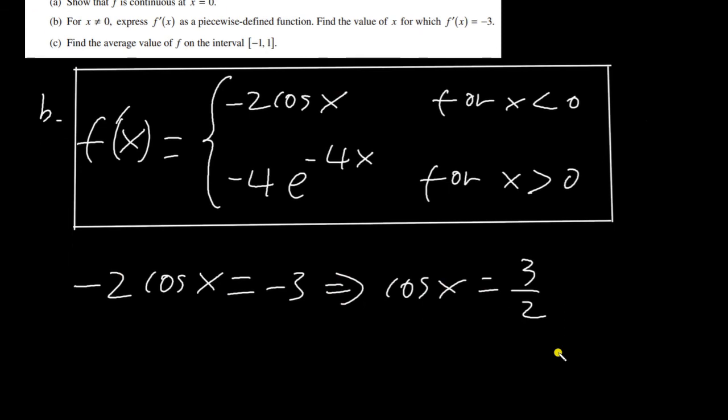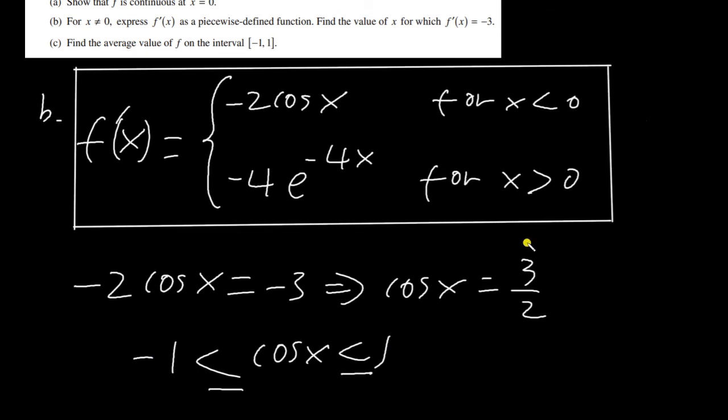Now, what value of x is there such that cosine of x is equal to 3 halves? Well, think about the function of cosine. We know that cosine is defined such that it goes between negative 1 and 1, right? The maximum value of cosine is 1 at like 0 and 2 pi and 4 pi. And it's equal to negative 1, which is its lowest value, at like pi and 3 pi and 5 pi, right?